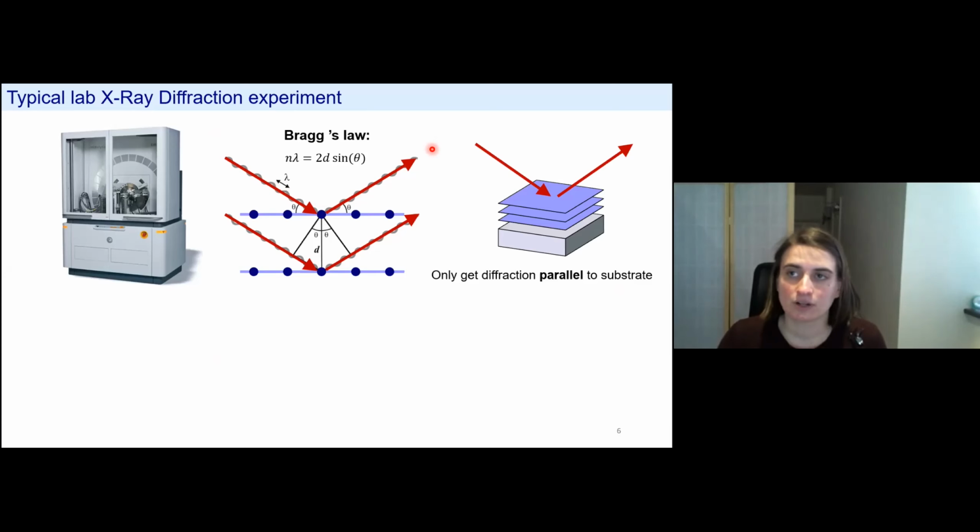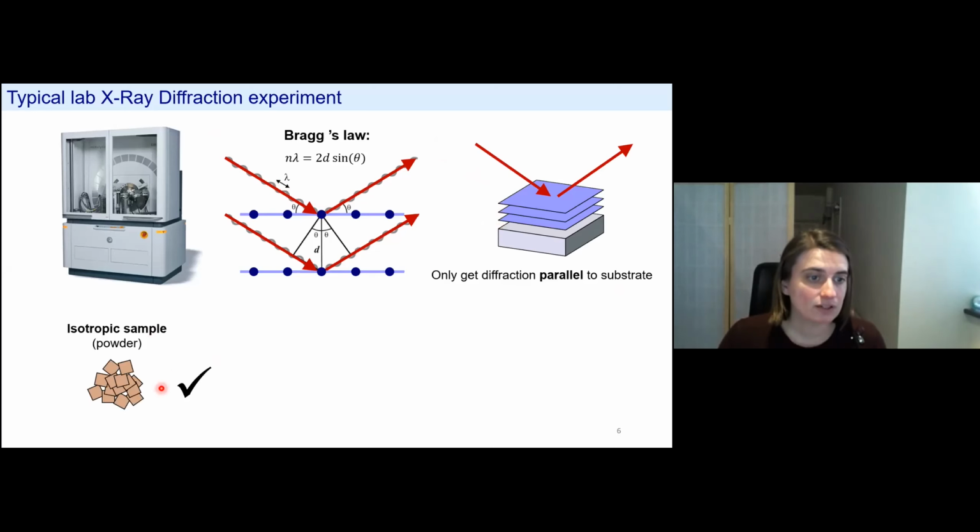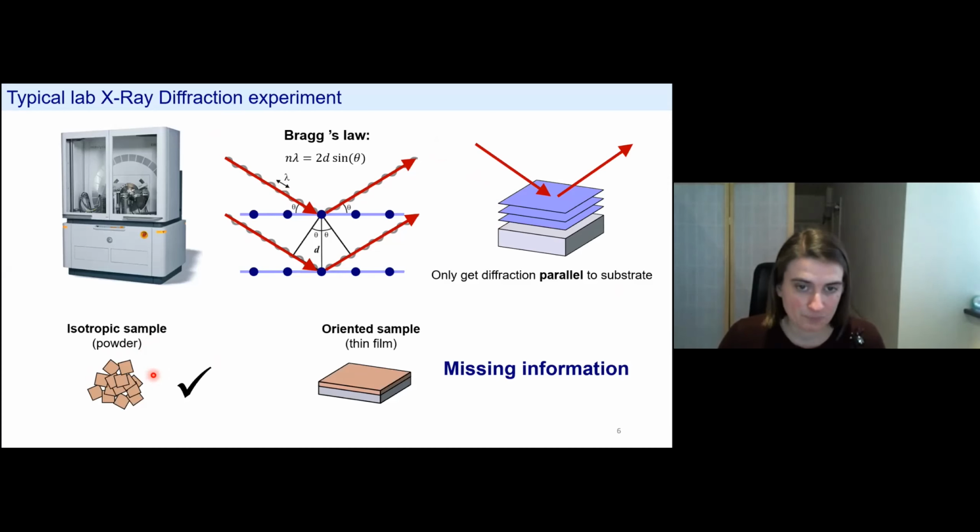In this diffraction mode, you get a lot of information, but only about planes that are parallel to the substrate, which is perfectly fine if you have an isotropic sample like a powder, which is usually the case for battery materials. But if you have an oriented sample like a thin film, you're missing a lot of information.